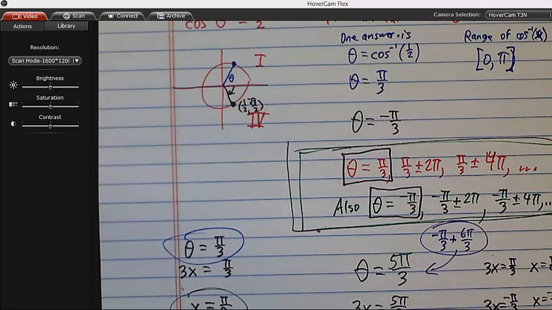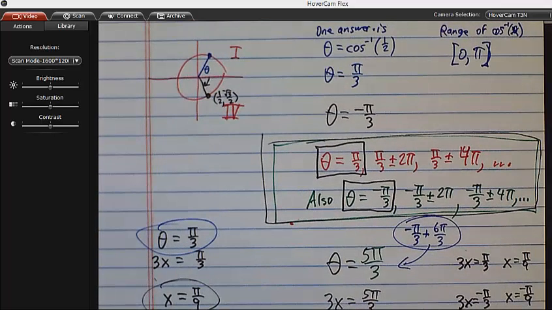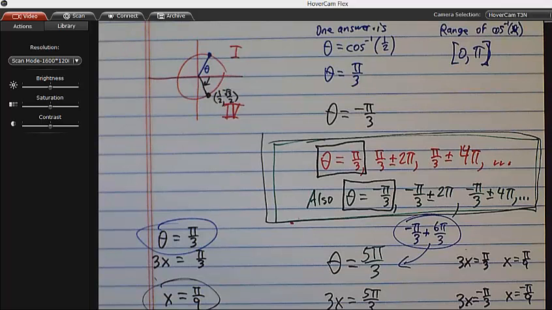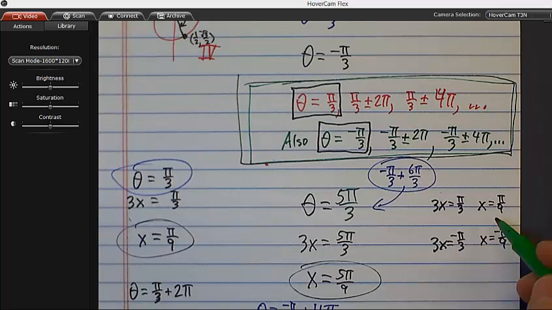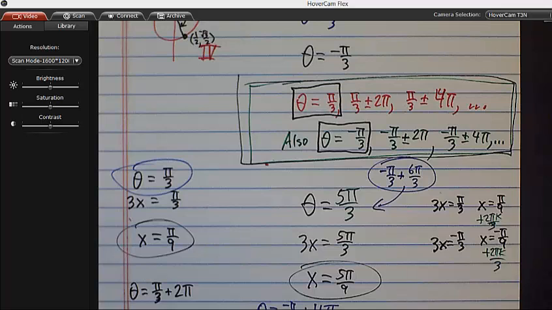Does that make sense? So the only other thing I'll say is that adding 2 pi k over 3 to these things is what happens. And I think you'll see why it's over 3 when I do this second example.